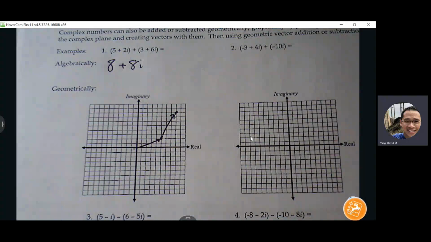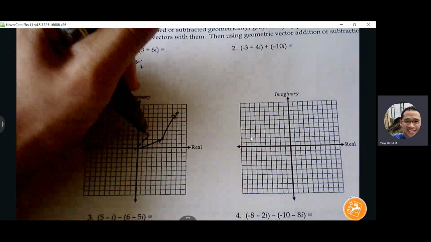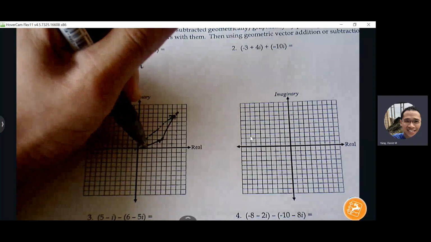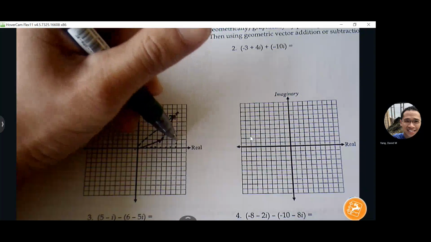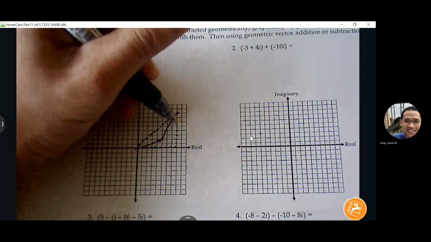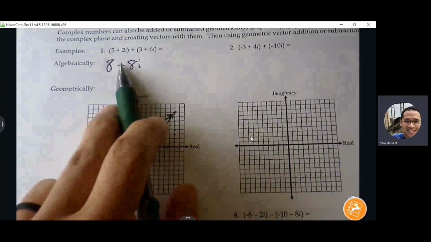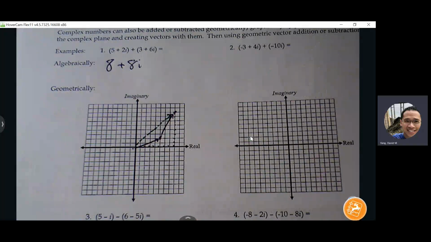And then our resultant vector should be 8 plus 8i. So let's confirm that's the case. Yes, so this resultant vector matches what we know to be true about algebraically adding them together.